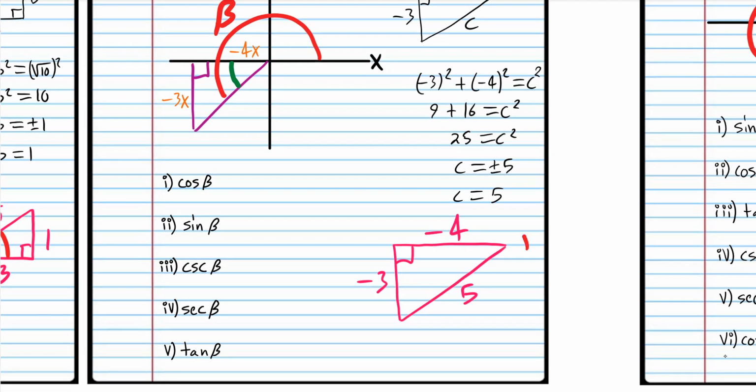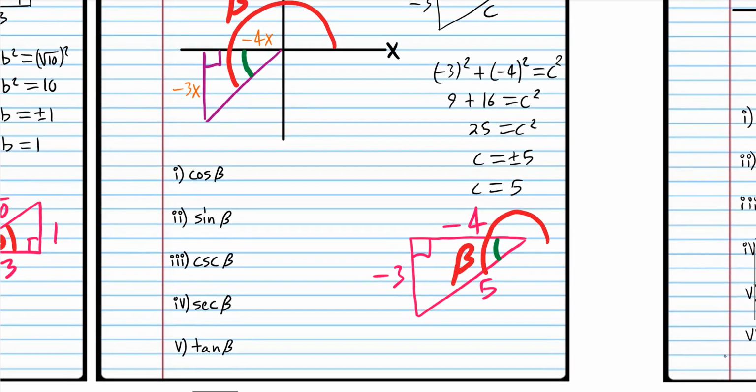And again, this angle is beta. And we need to consider the green reference angle as always. Without the green reference angle, then our functions wouldn't really have any meaning. Cosine beta is equal to the side adjacent the green reference angle divided by the hypotenuse.